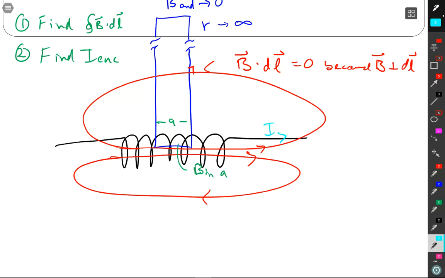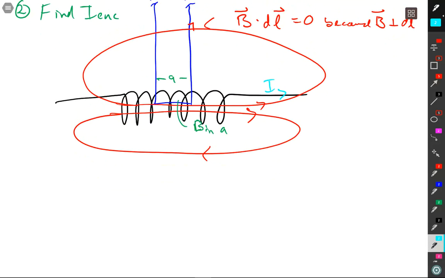And the way we find how many loops are enclosed is actually pretty logical. We have n loops in a distance of L. And so if I take n loops in a distance of L and I multiply it by the length A, that's going to tell me the proportion of the total loops that are inside.